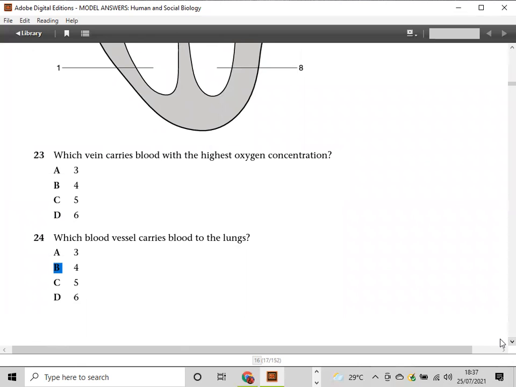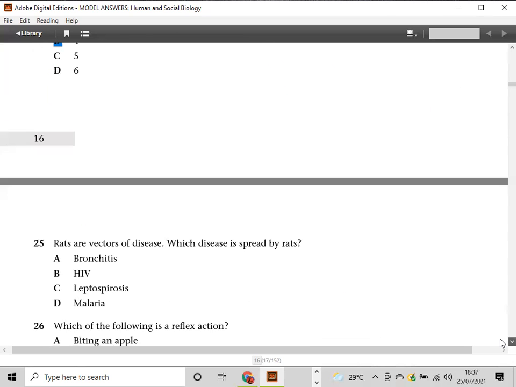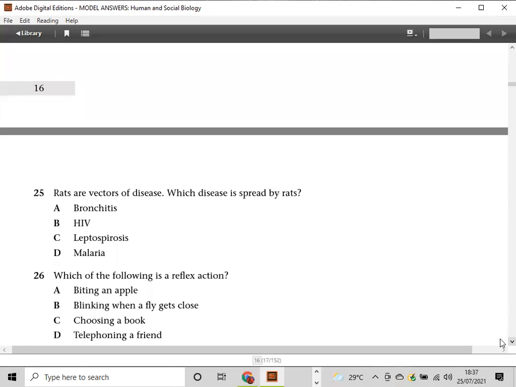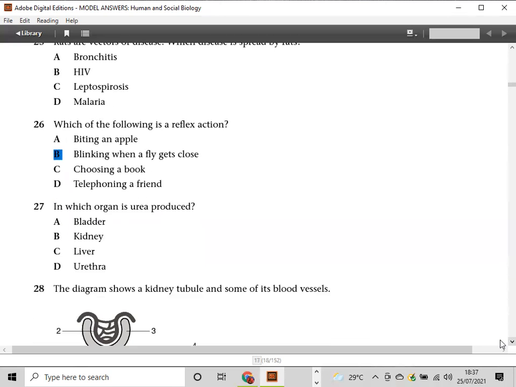Because you already have the answers. 25 is C. The spirosis. 26 is E. Blinking, and the eye is closed. That's the reflex action. 27 is C. That's the liver.